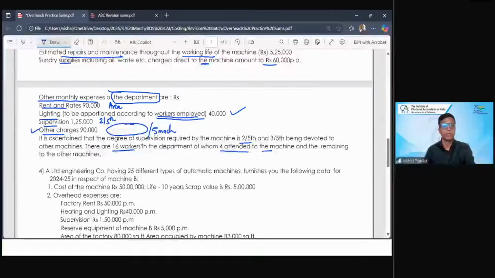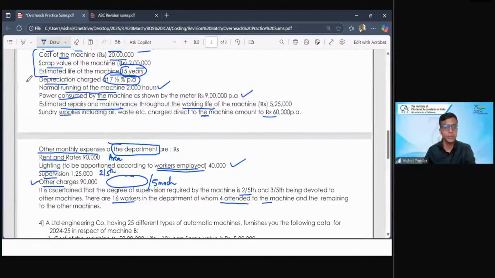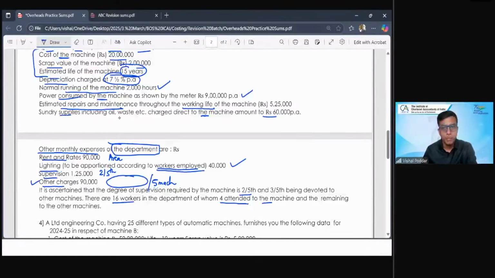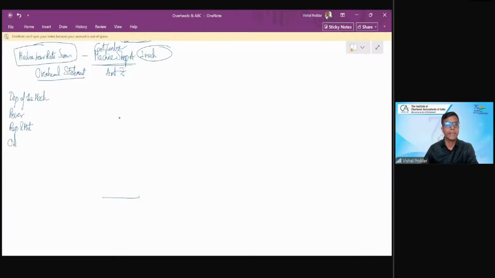correct? After depreciation, you have power, you have repairs, oil, waste.